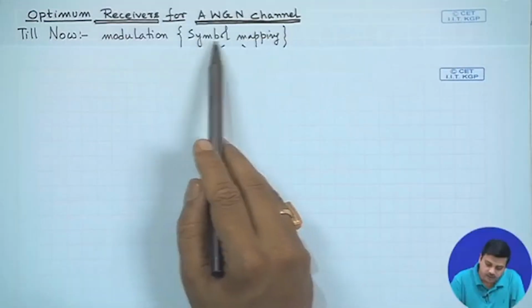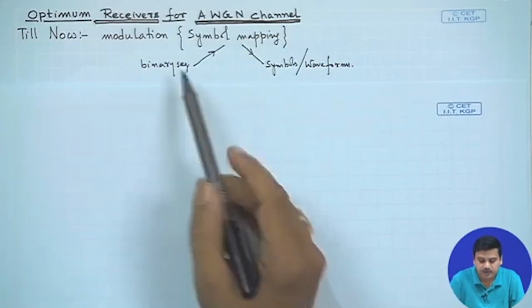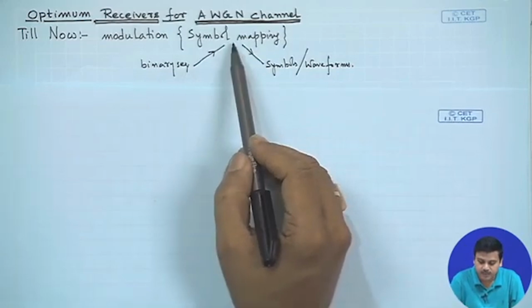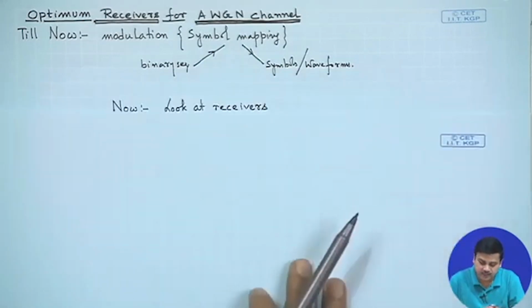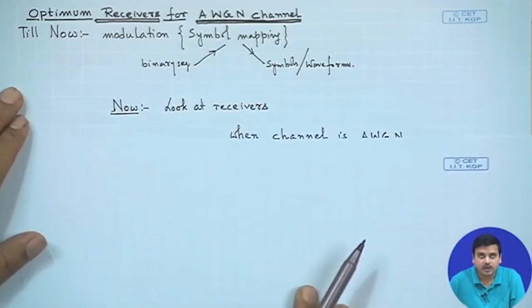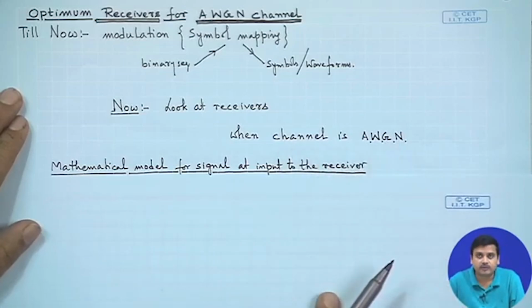When we talked about modulation, we talked about symbol mapping. When we did symbol mapping, we had a binary sequence getting mapped to certain waveforms or symbols and then sent out into the system. Now, when you look at the receiver and when the channel is AWGN, we have described what we mean by AWGN channel.